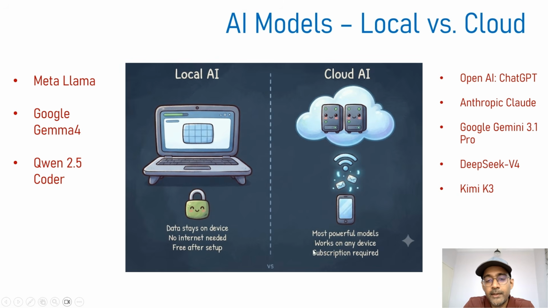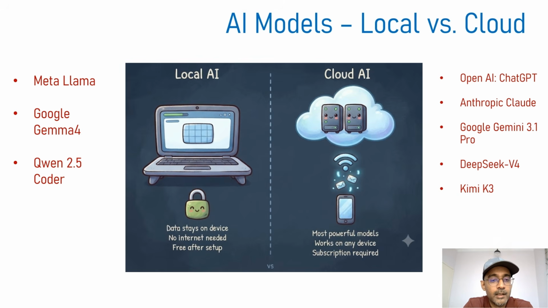Of course, the user interface sits in your device, your PC or your phone. But when you use the AI model, whatever your data is, it goes to a cloud AI brain that sits in the cloud, which processes all the data and then gets back to you. The other alternative is local AI, where the AI model, or the AI brain itself, sits in the PC or your device.